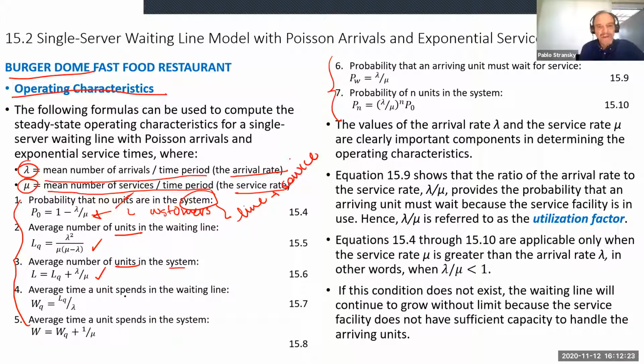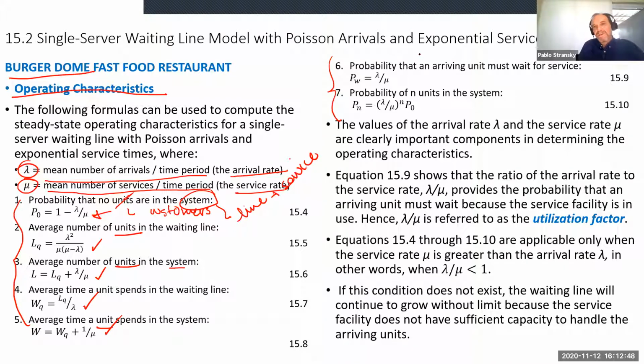The average time a customer spends in the waiting line is given by this formula. The average time a customer spends in the system, that means the waiting plus service, is given by this one.